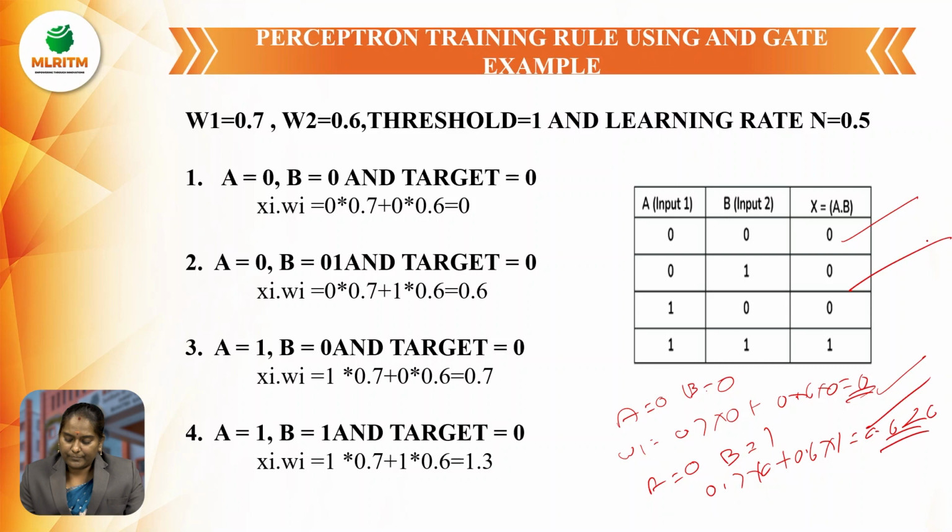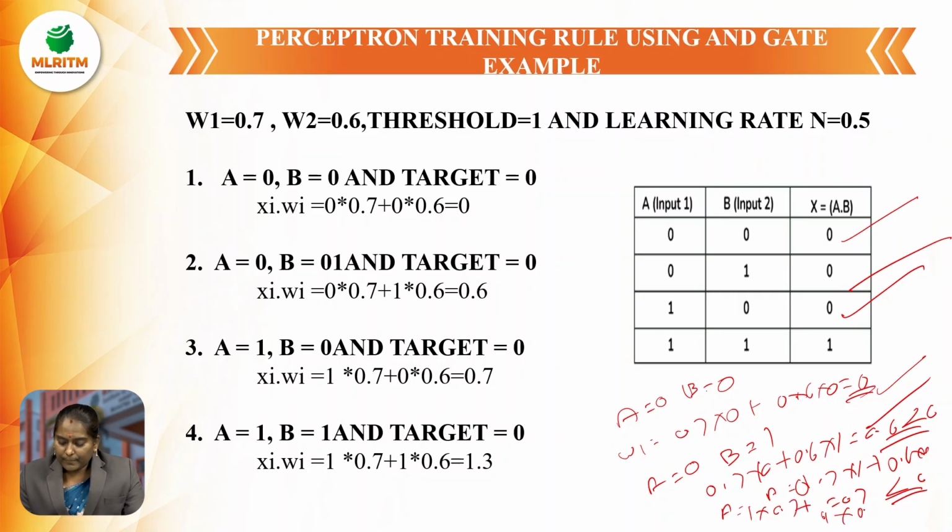Next, third one: A equal to 1, so 0.7 into 1 plus 0.6 into 0 gives 0.7, which is less than or equal to the threshold. This condition is also satisfied. And finally, A equal to 1 and B equal to 1: 1 into 0.7 plus 1 into 0.6 gives 1.3, which is greater than 1, so the output is 1. This condition is also satisfied.